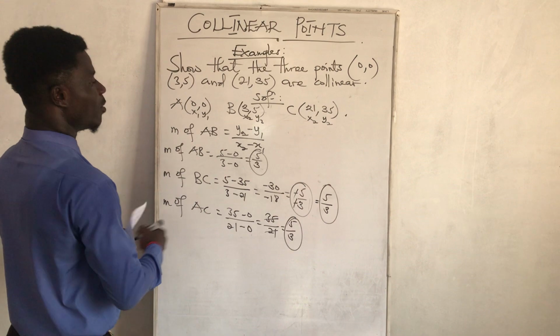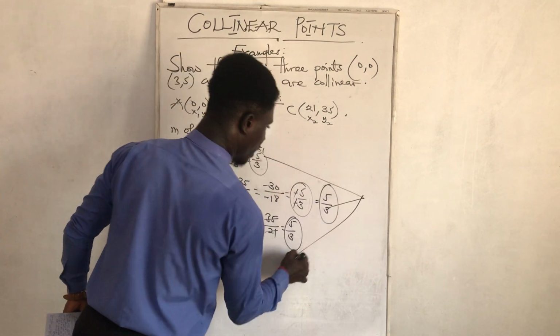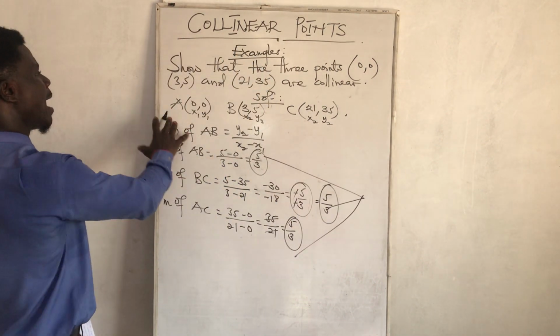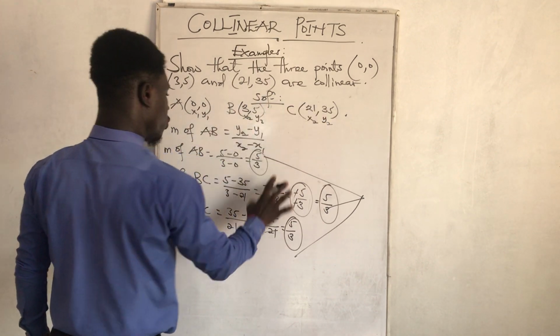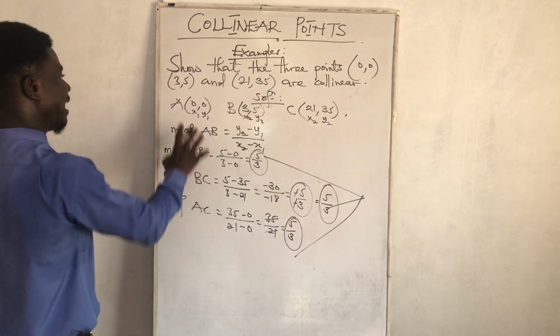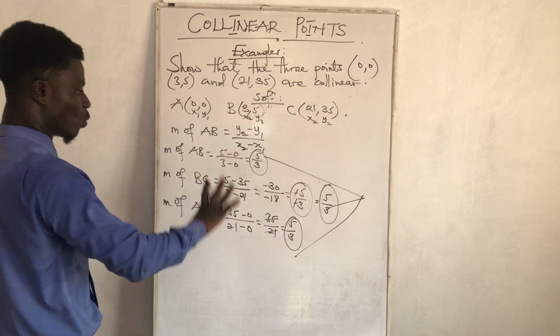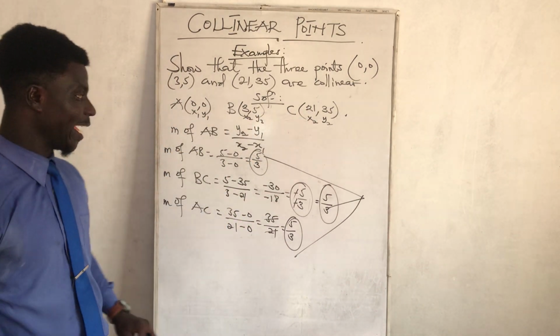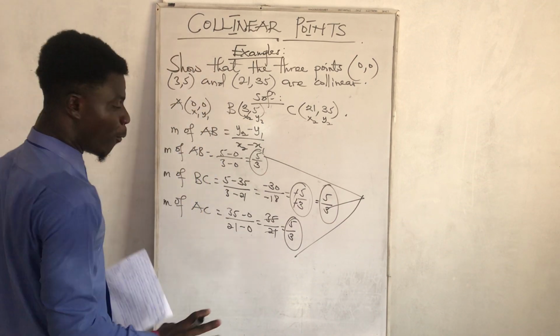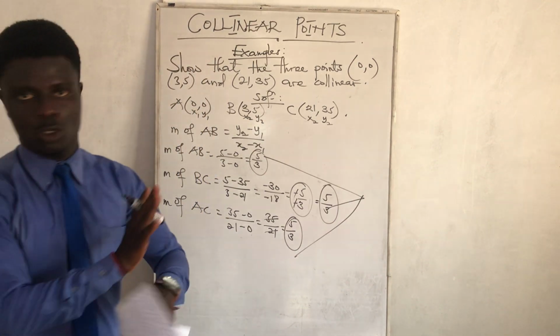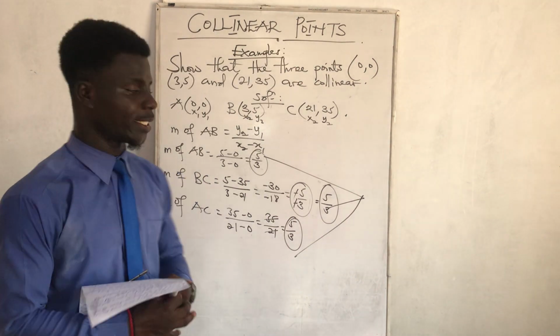So now, we are sure that since AB gave us 5 on 3, BC gave us 5 on 3, then AC is giving us 5 on 3, we can conclude that the 3 points are indeed collinear.